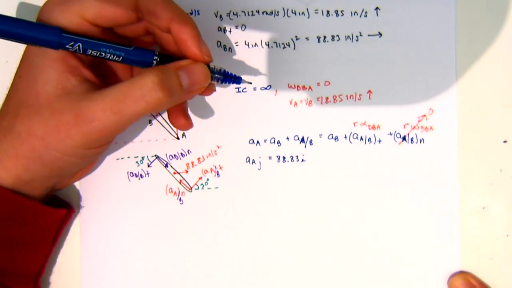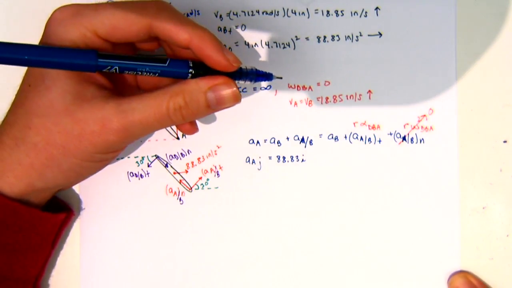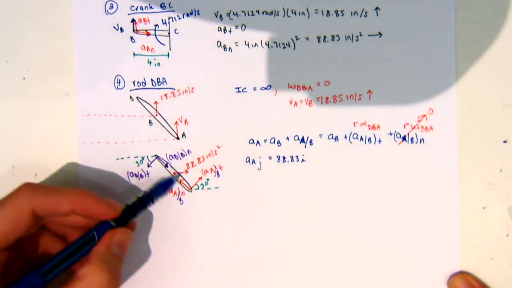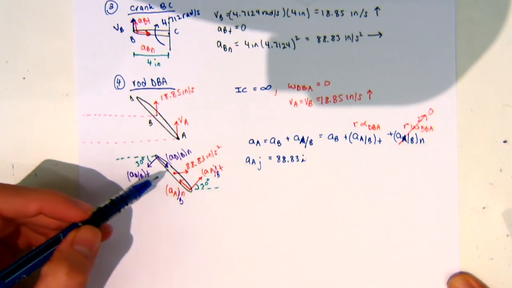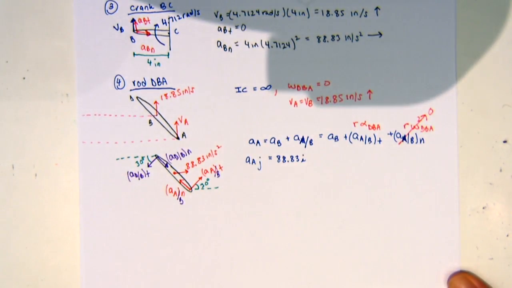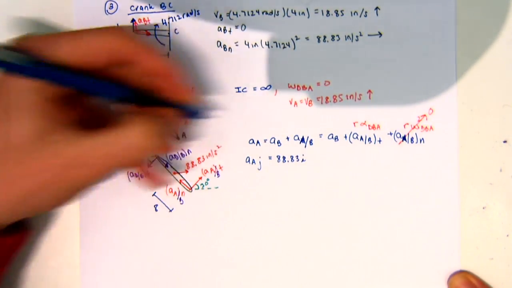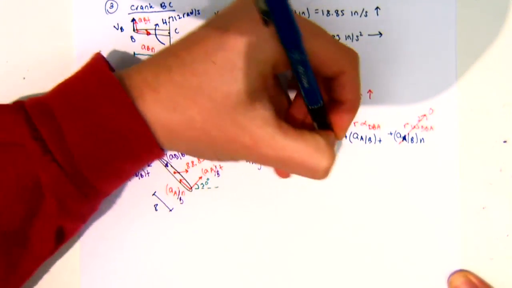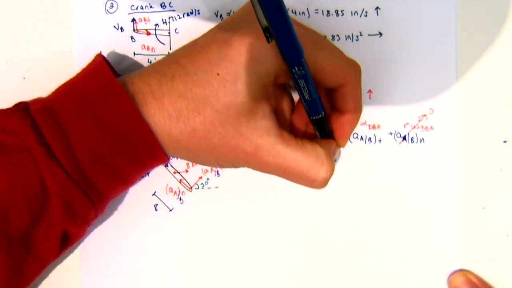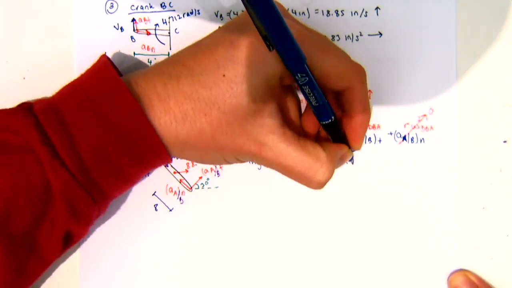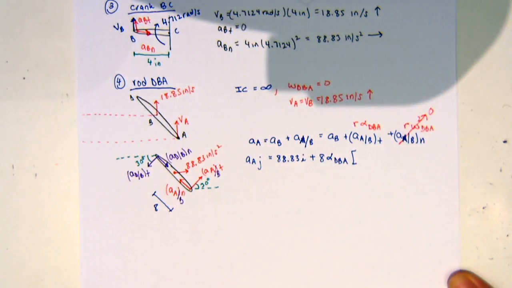Then I have R times alpha, which I don't know. So what is our R value going to be? Good, it's 8. It's the distance from point B to point A. So I have plus 8 times alpha dBA, but I need to break that into i and j components.